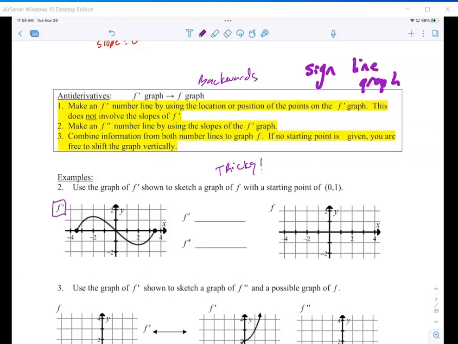Otherwise these are just way too difficult. They call it a number line. I call it a sine line graph. Make a number line. Make an f double prime number line using slopes and then combine them. All right, super tricky. Here we go.